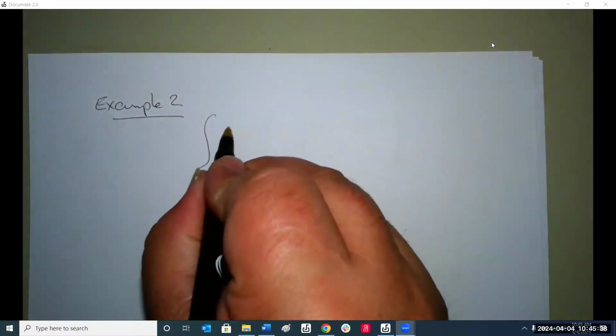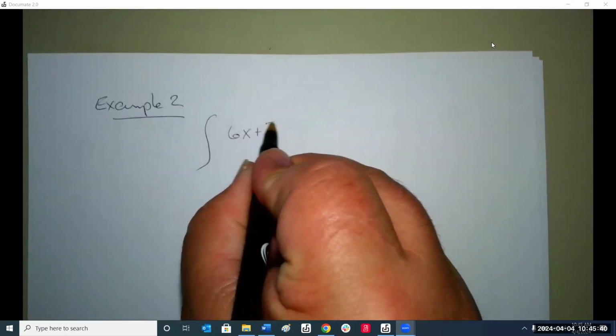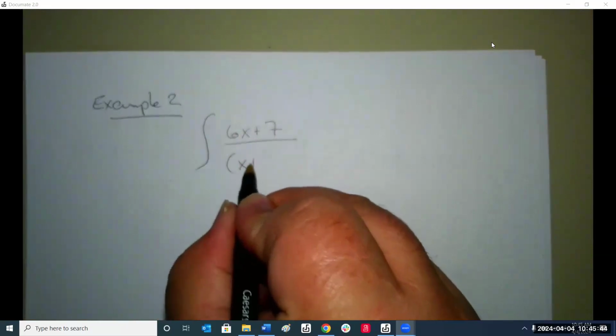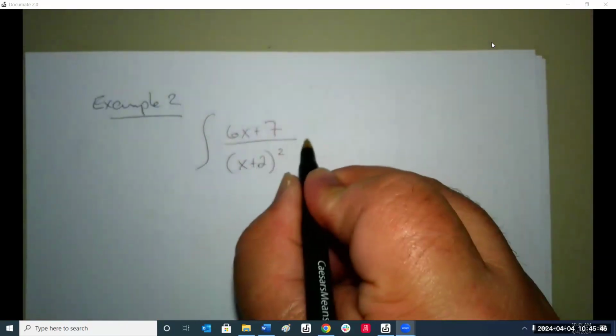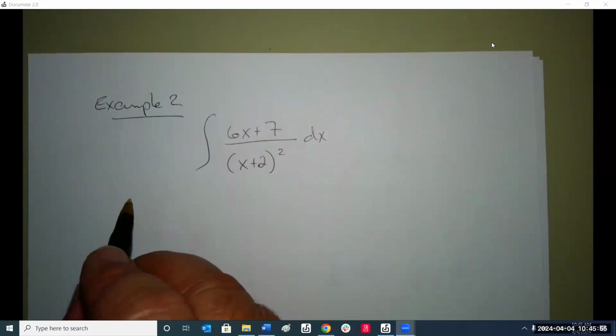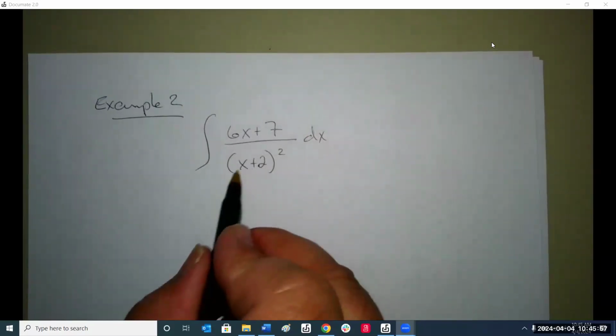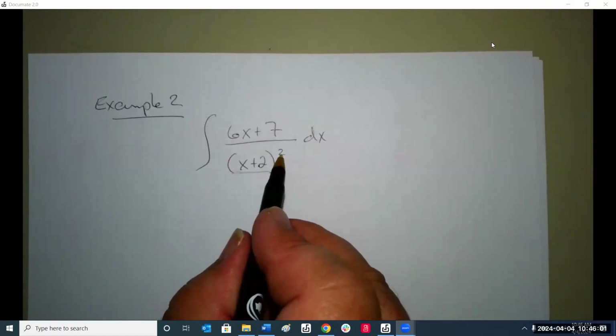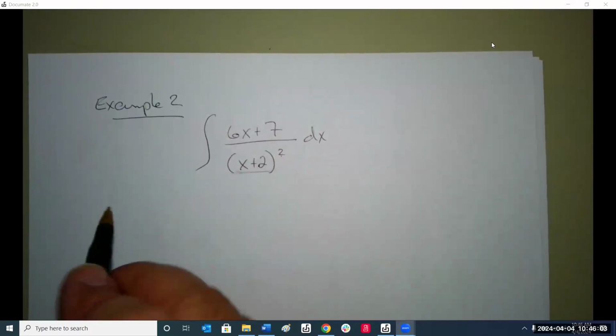Example 2 says, use partial fractions to evaluate. So basically what it's asking us to do, since this is a factored form, it's in binomials and it's squared, that means you're going to have two denominators.